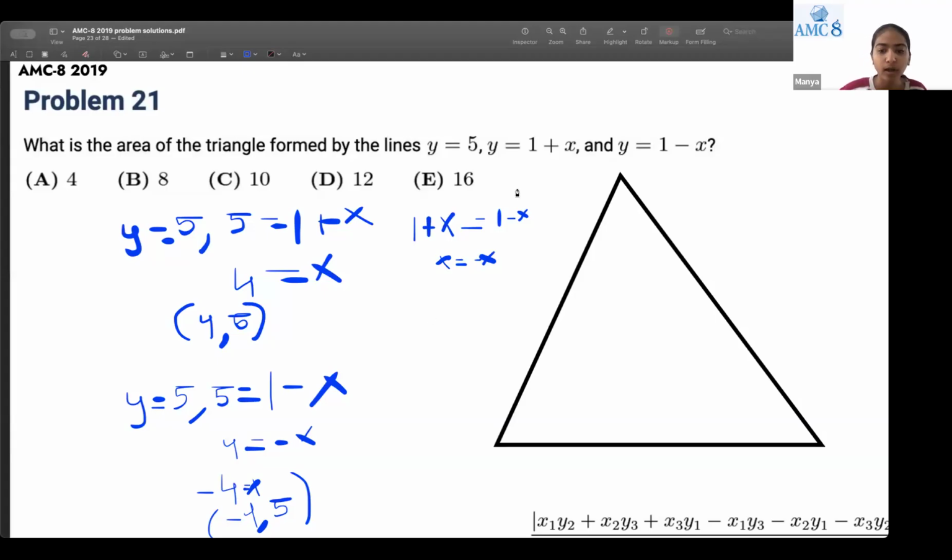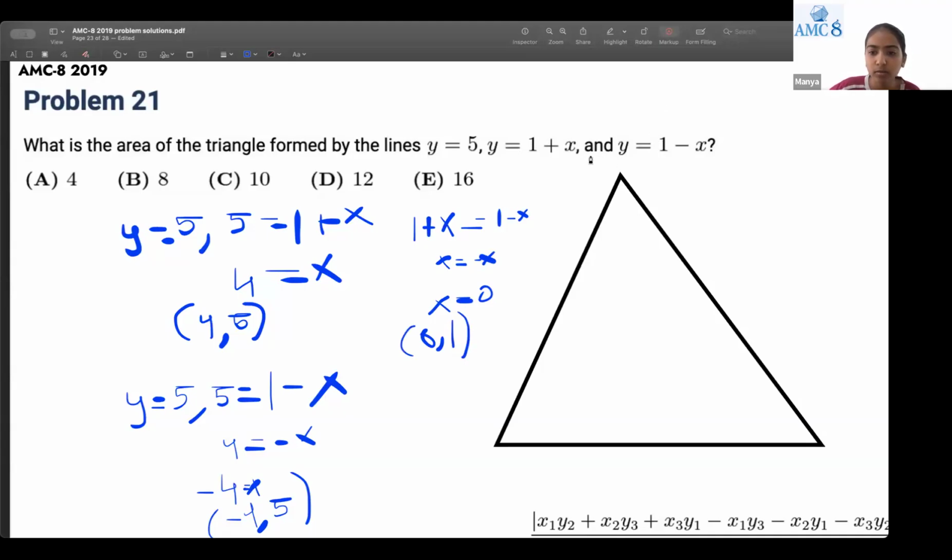So, in this case, if x is equal to 0, what's y? So, y is equal to 1 plus 0, so y is equal to 1. Once again, y is equal to 1 minus 0, so y is equal to 1. So the coordinates are 0, comma, 1. So these are the three coordinates that we have.